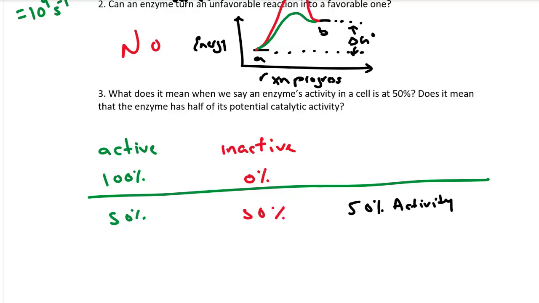When we say, for example, 25% activity, we mean that you have 25% active and 75% inactive, and so on.